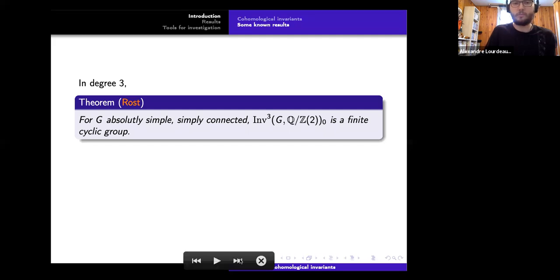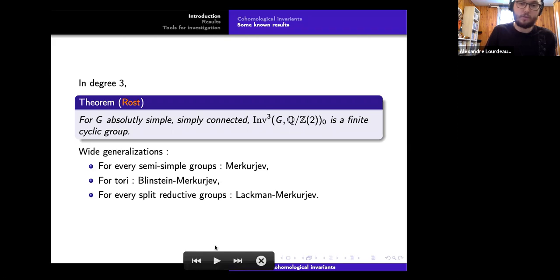And well, there have been many generalizations. So first, for every semi-simple group, this result, I mean, is not that simple. We have an exact sequence, due to Merkurjev. And then for G a torus, there is also in Blinstein-Merkurjev an exact sequence that in some sort generalizes this theorem.